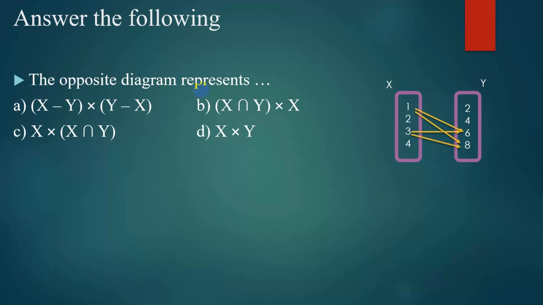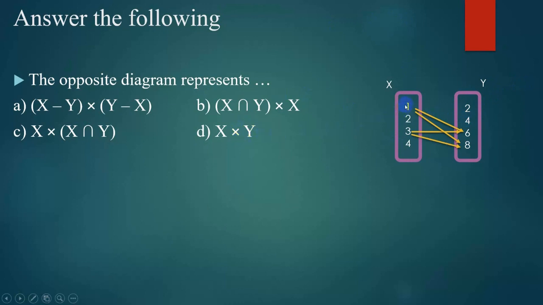But here you can note that 2 isn't a first projection, 4 isn't a first projection, and you can note that 2 isn't a second projection, 4 isn't a second projection. Okay, so it's not x cross y.